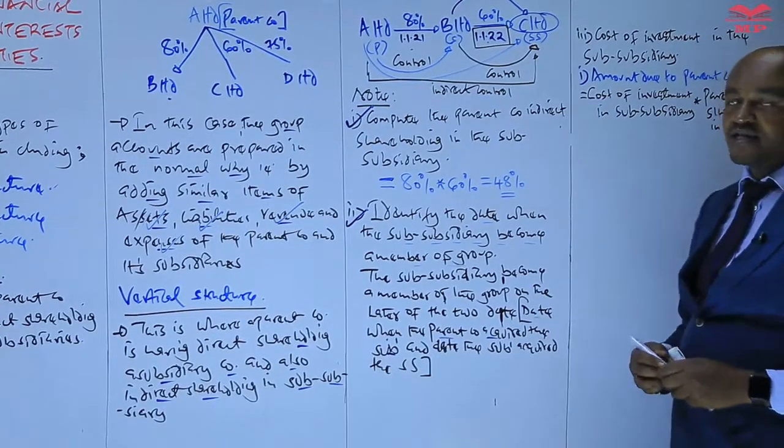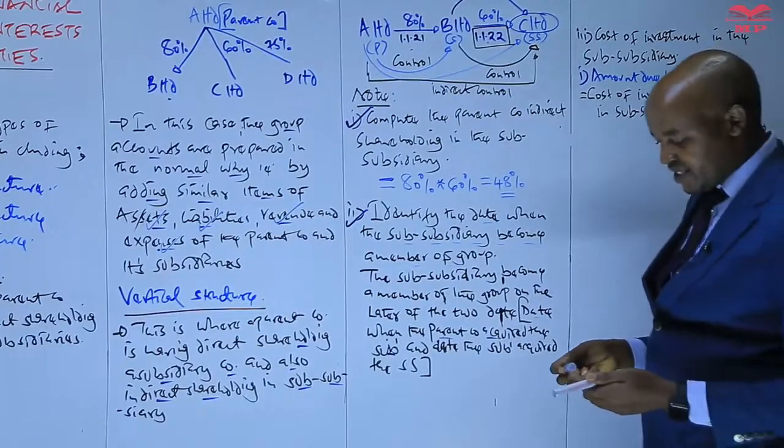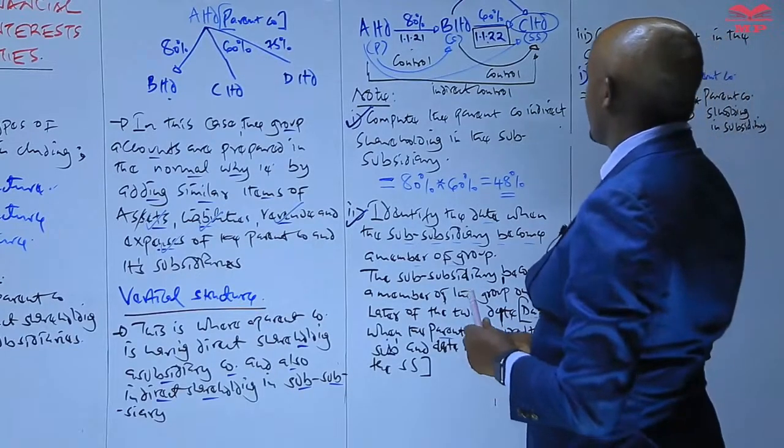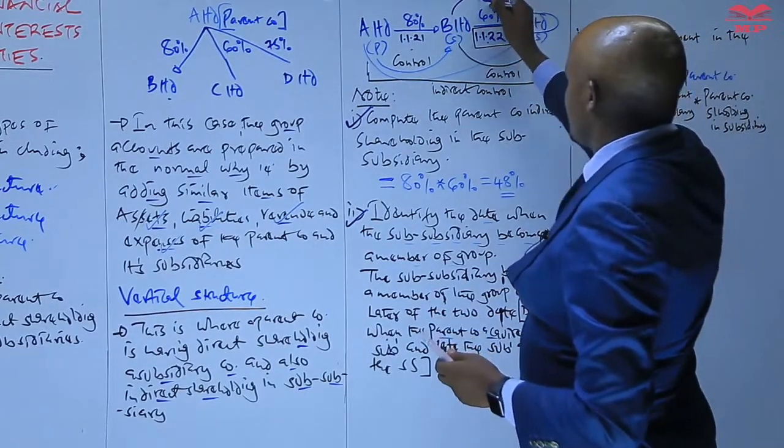Like in this case, assuming we are told that B Limited, in acquiring the shares of C, paid 100 million.